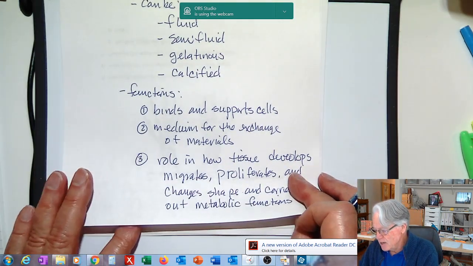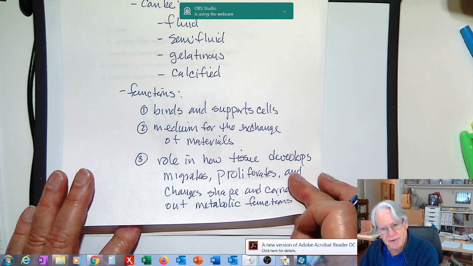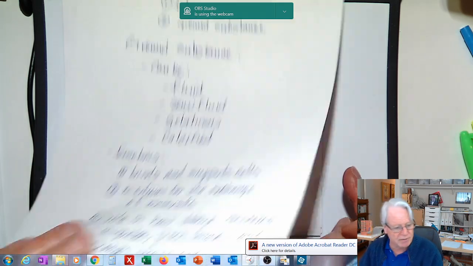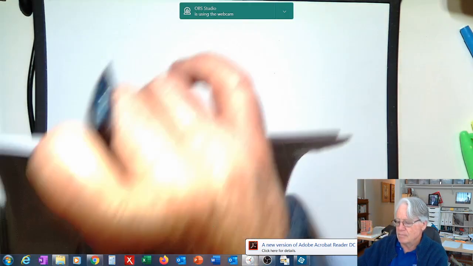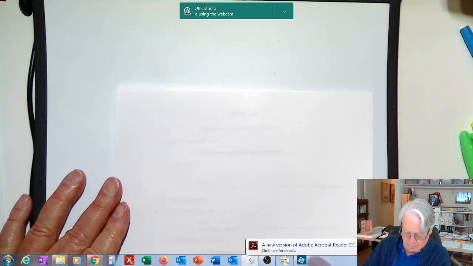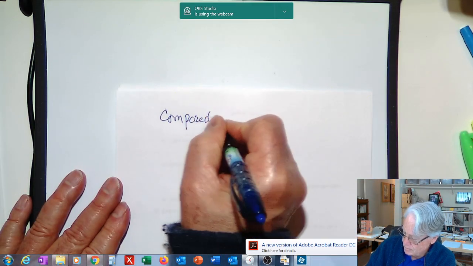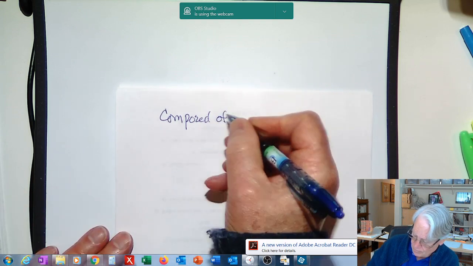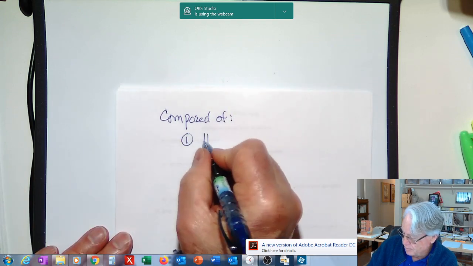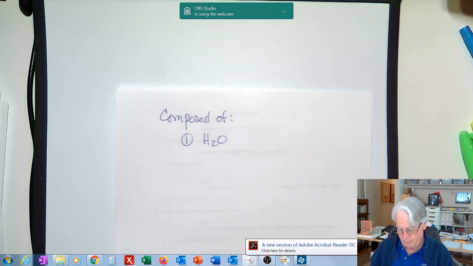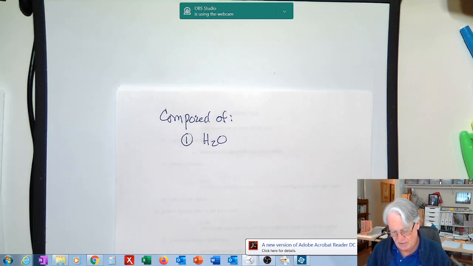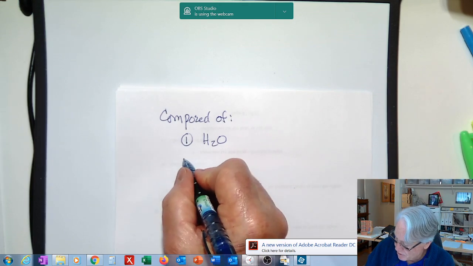Ground substance contains a variety of different things. So it is composed of water. Always water. Sometimes more, sometimes less.